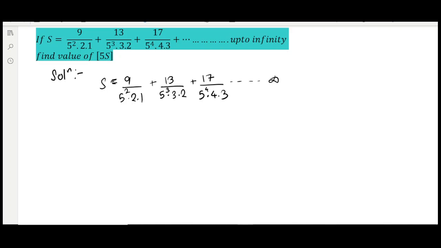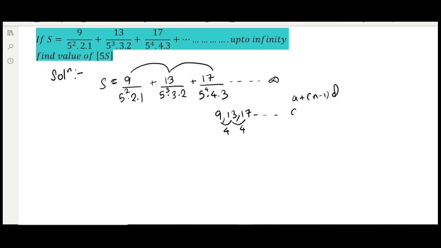If you see 9, then the second term is having 13 in the numerator, then 17. 9, 13, 17 is forming an AP whose common difference is 4. So the general term would be A plus (n minus 1)d, right?